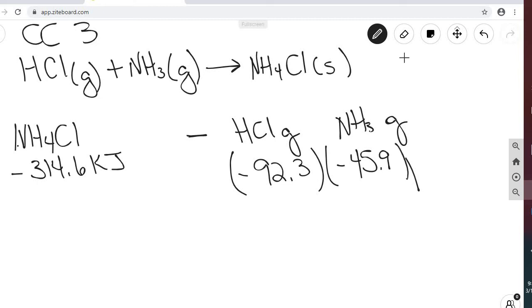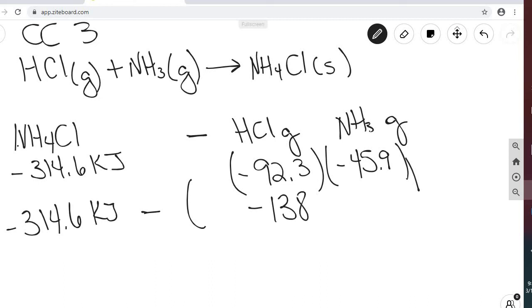Okay, so we're going to have negative 314.6 kilojoules minus negative 92.3 minus 45.9. So this whole thing is negative 138.2 kilojoules. Okay, so subtracting a negative is a positive.